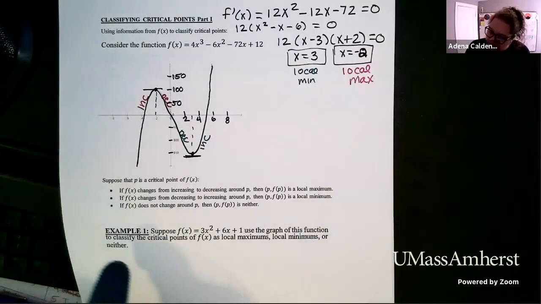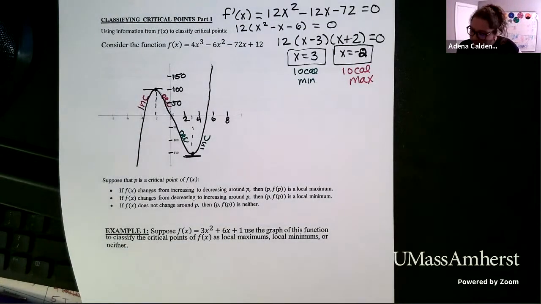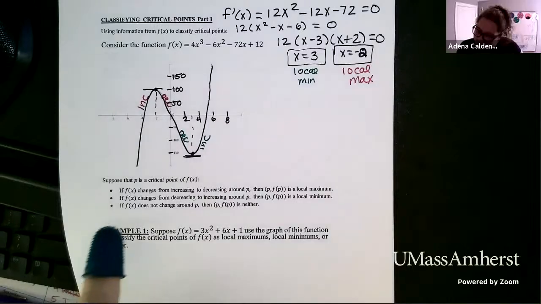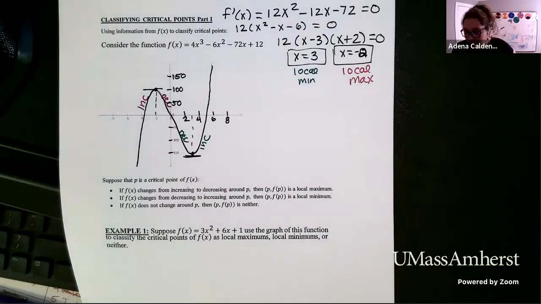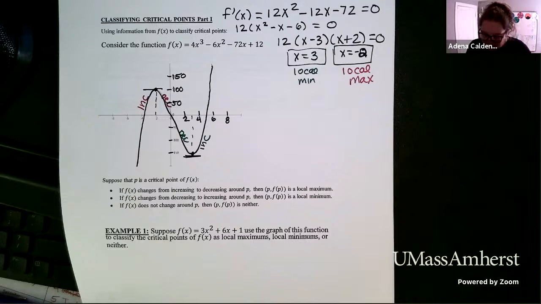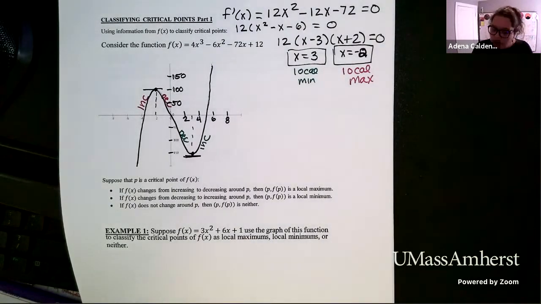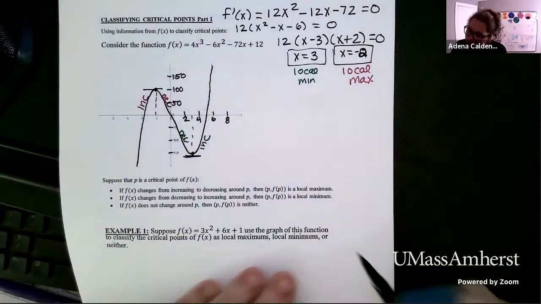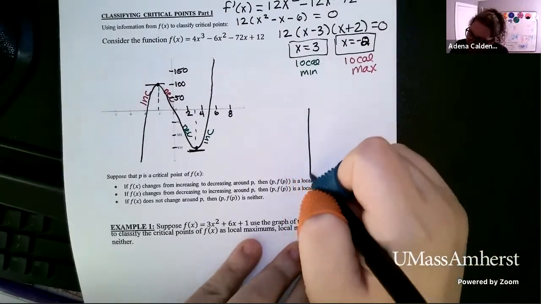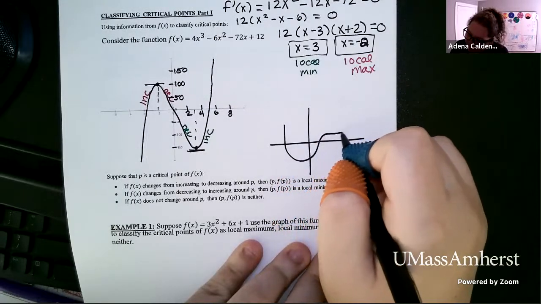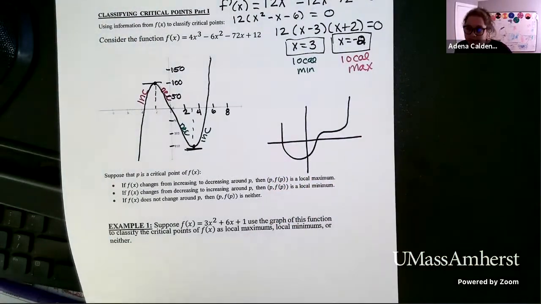If the function changes from decreasing to increasing around that critical point, you're going to have a local minimum, so you go down and then up. And then if f of x does not change, then it's neither. So very quickly, what does it mean that it does not change, right? We don't have that in this example, but let's say you had a graph that looked like this, okay?